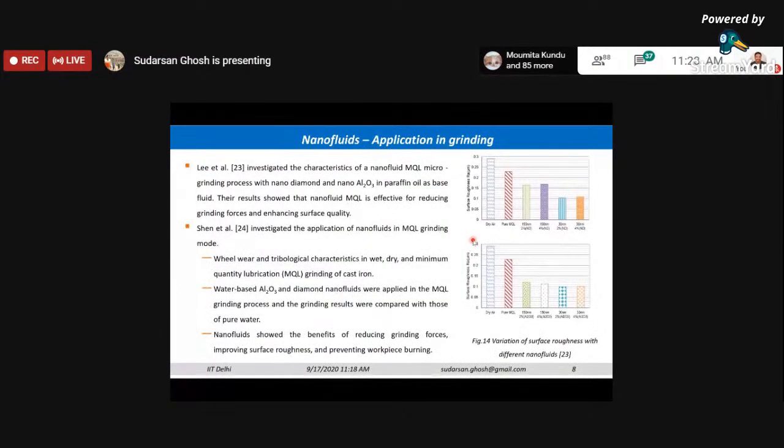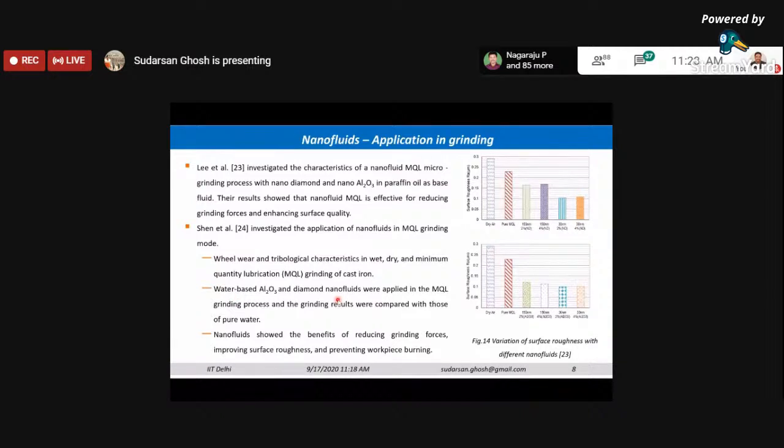Now let us quickly go through some of the application areas of these nanofluids. Nanofluids are used both in grinding as well as in the machining domain. We will talk first about the grinding domain, and then we will move to the machining domain. Here these are literatures, not our work.